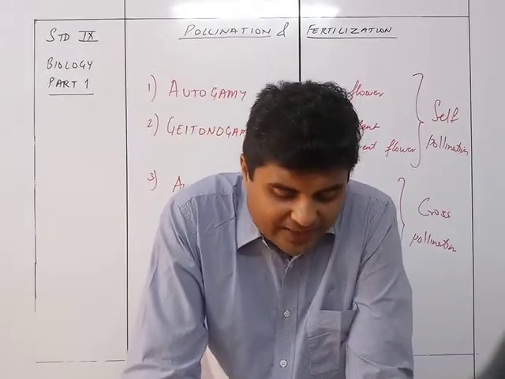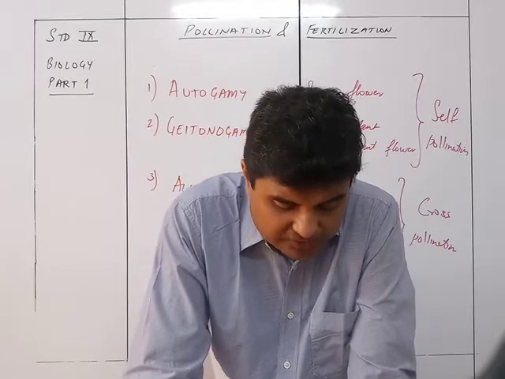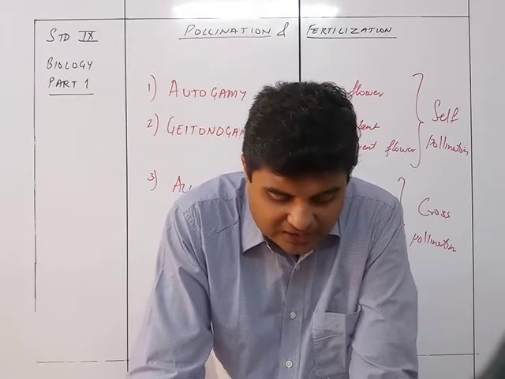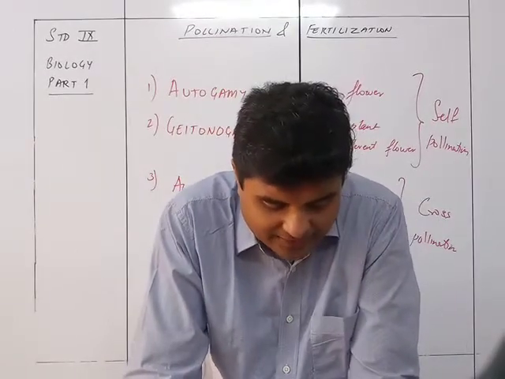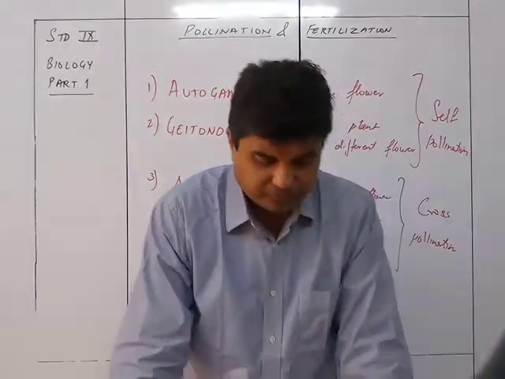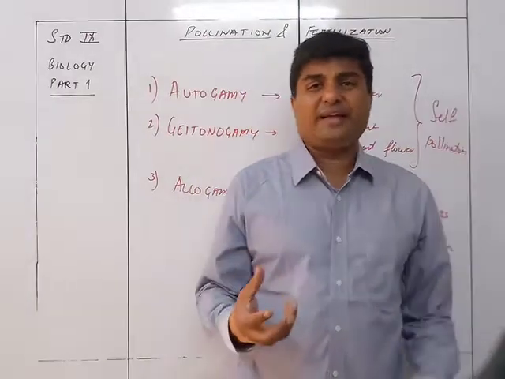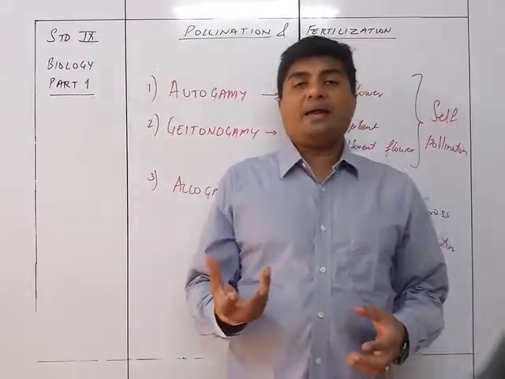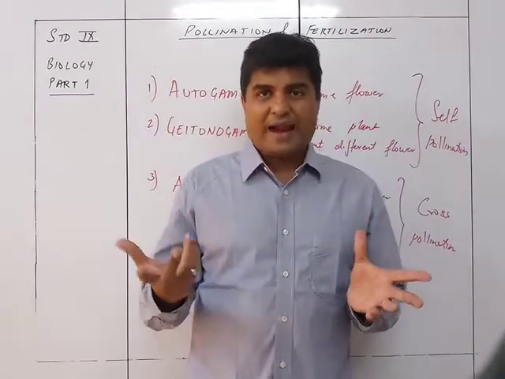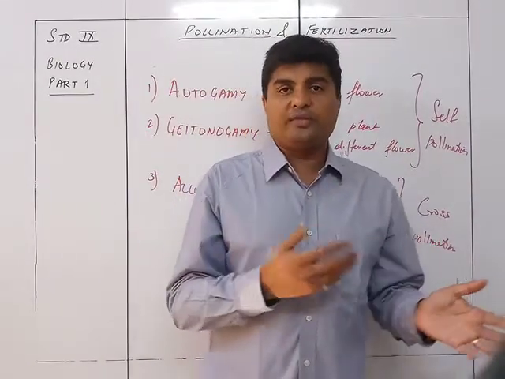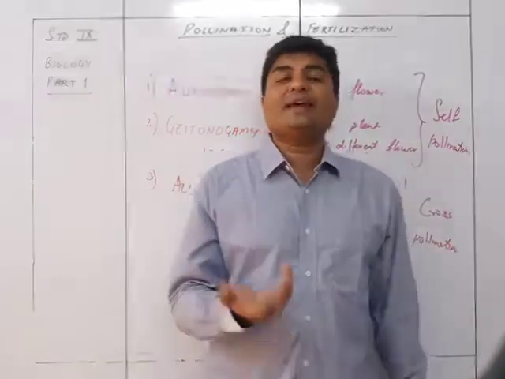Third, the process is uneconomical for the plant because the flowers have to be large, colored, scented, and have to produce nectar for attracting pollinating agents. So we can see that the plant needs to be showy, large, attractive, and should be able to produce nectar and scent so that the insects are attracted to it.